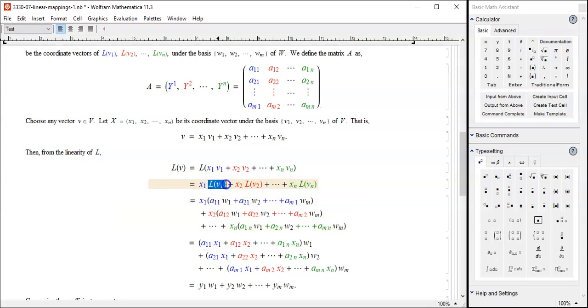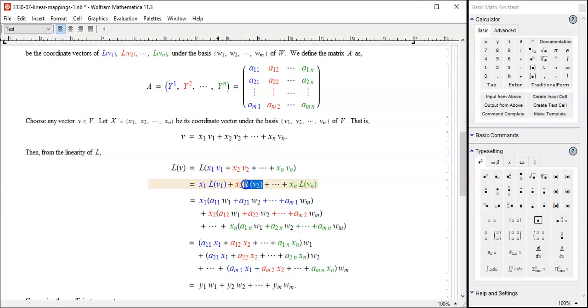So L of V1 is actually A11 W1, A21 W2, A31 W3, all the way up to AM1 WM. You see this column? And then same goes to the second column.